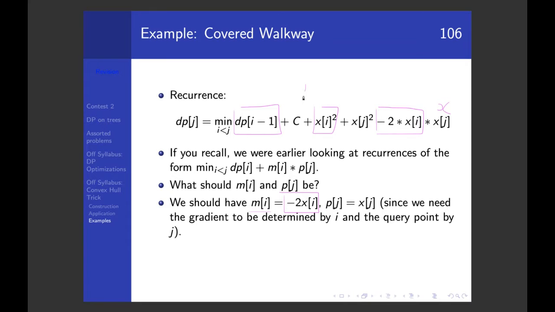And these two things here are constant to the query. So I think we can finish here. The idea is the slope is this. The intercept is everything that depends on i. Notice that this depends on j. This means this is constant to the query. In other words, it doesn't matter what line we take, this is constant. This is our x coordinate.